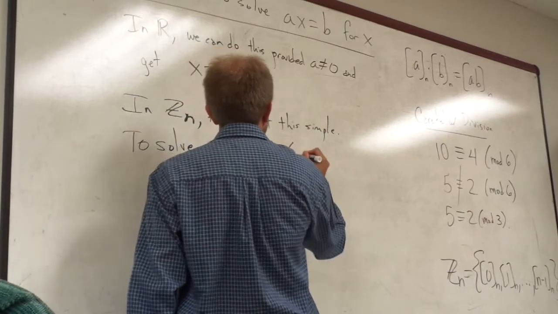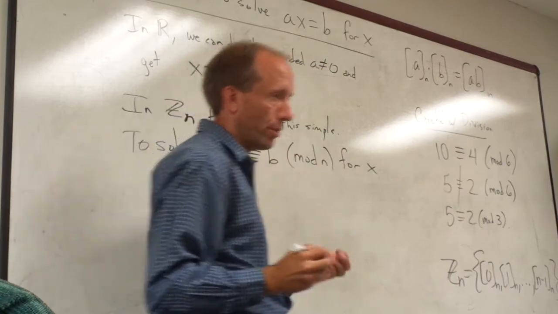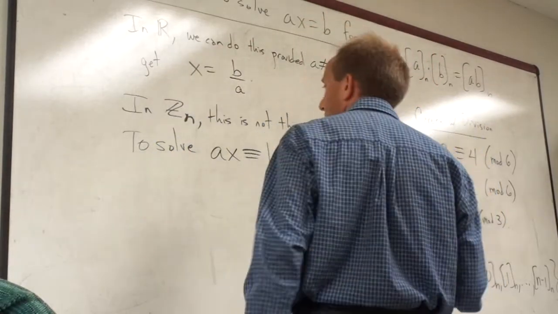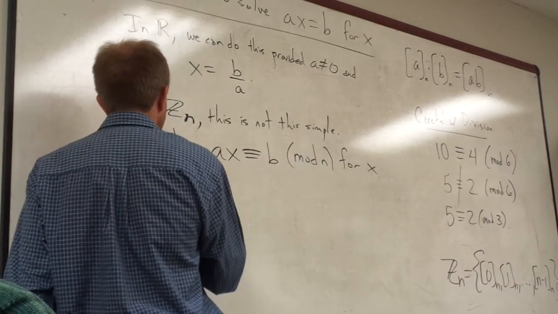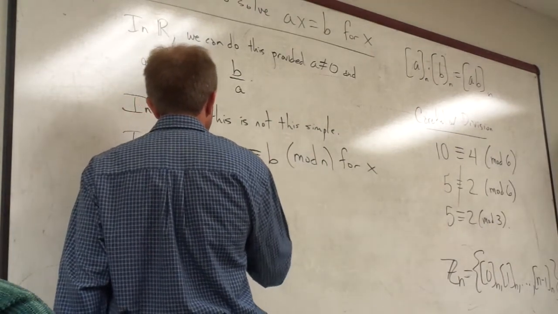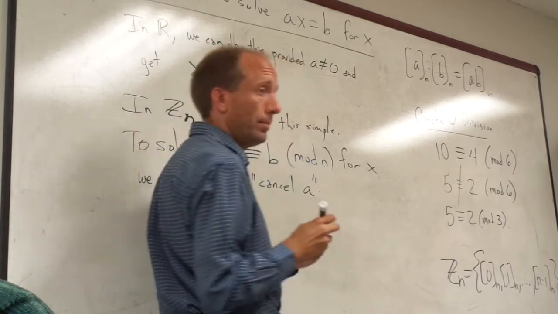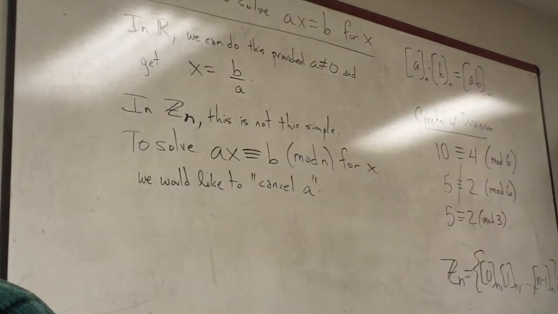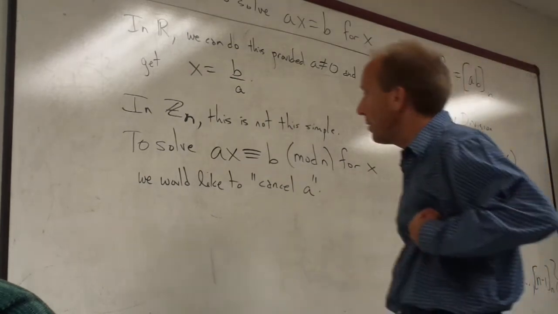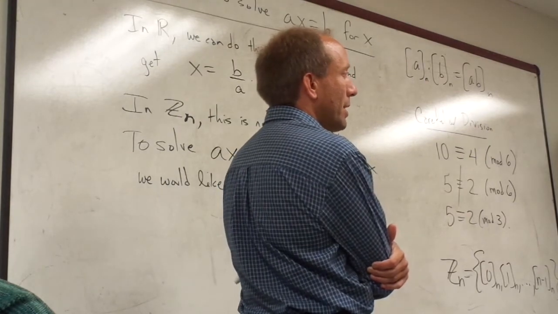To solve for x in this congruence equation, we would like to quote unquote cancel the a. You'd like to cancel the a from both sides. And the fact of the matter is you can't always do that. So let me tell you exactly when you can do it.